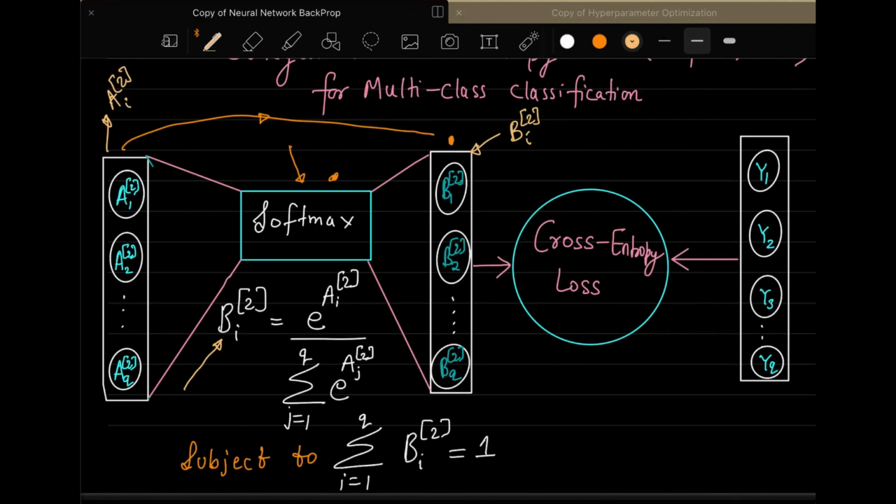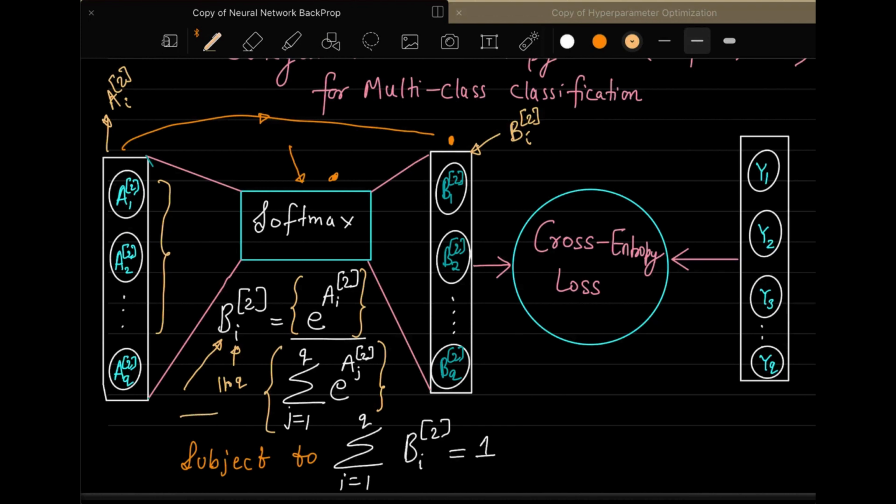So you can see that b2i, where i is running from 1 to q, is represented by raising the values which you are obtaining from the neural network exponentially. So you are raising the activation unit exponentially for that particular ith node, divided by the summation of all the exponentially raised activation units.